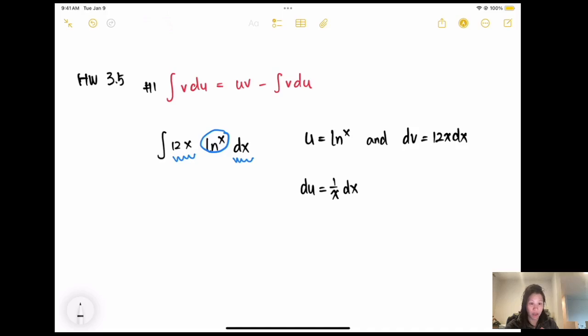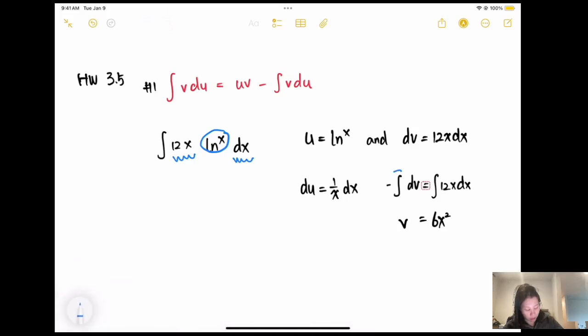Then we want to find the integral of dv, which is the integral of 12x dx, and this is equal to 6x squared. So v is equal to 6x squared.